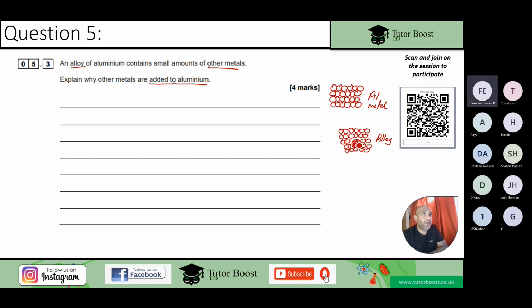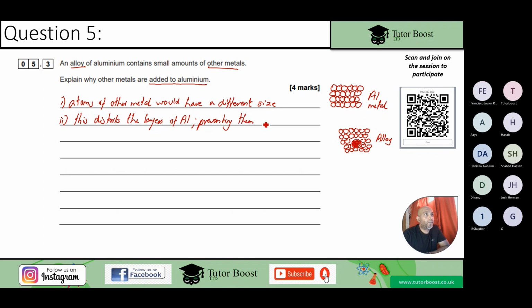When you introduce a metal atom from a different metal, it kind of distorts this arrangement, and that's the key thing, right? So first point, atoms of other metal would have a different size. This distorts the layers of aluminium, preventing them from sliding over each other.